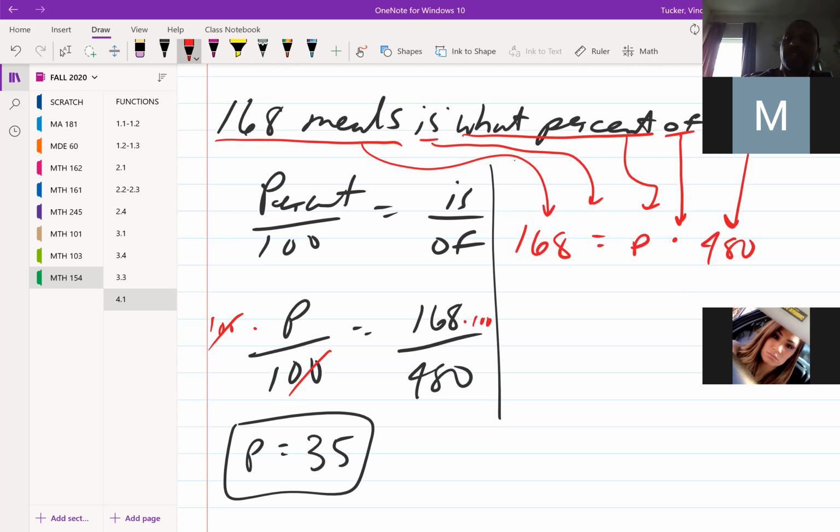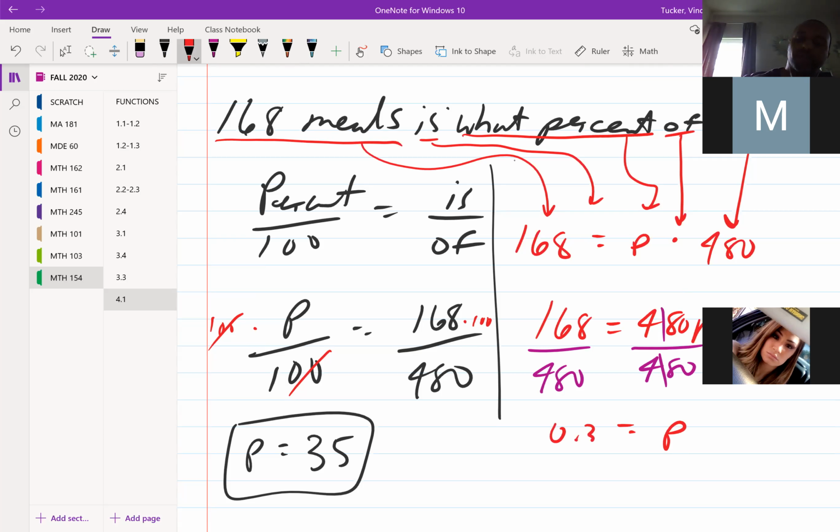Then on this other side, divide both sides by 480. That should be just 0.35.